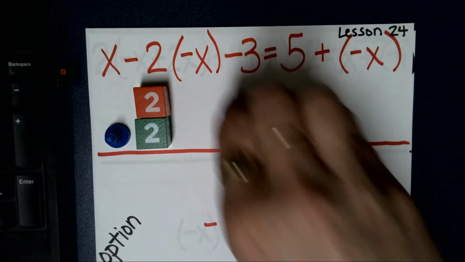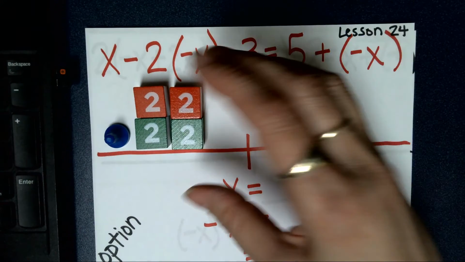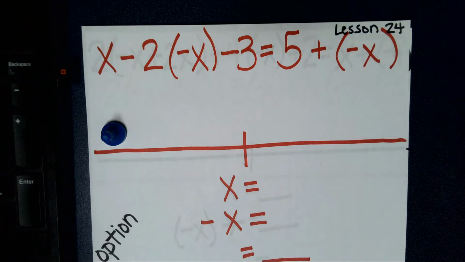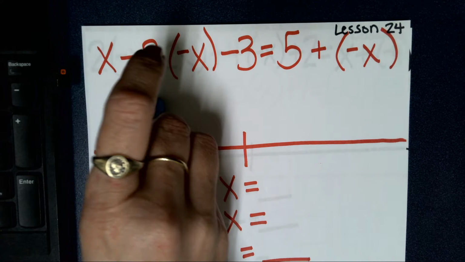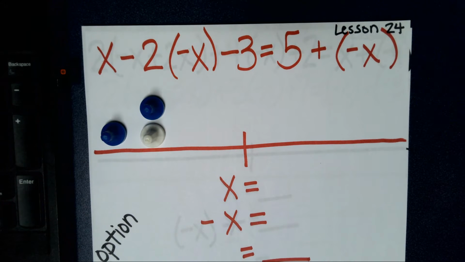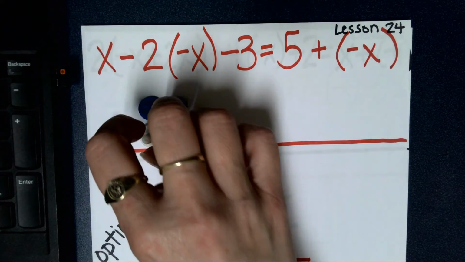I'm sorry, take away 2 stars. That is my apology, I didn't read it right. So we need to take away 2 stars, so we need 2 0 pairs of pawns and stars. And now we can take away 2 stars.